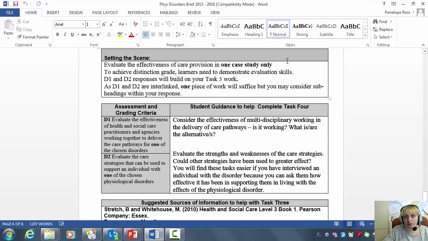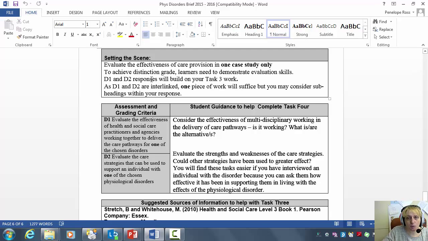For example, if you were doing asthma and multiple sclerosis, then in actual fact multiple sclerosis lends itself much better to being able to write the distinction grades. Not saying that asthma won't work as well, they all will work, but some of them have got more information and, shall we say, more controversy surrounding some of the care strategies, which gives you a little bit more to write about.